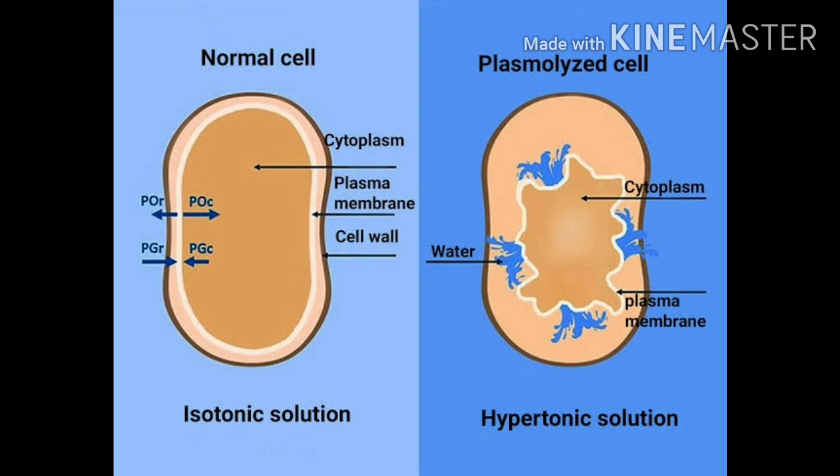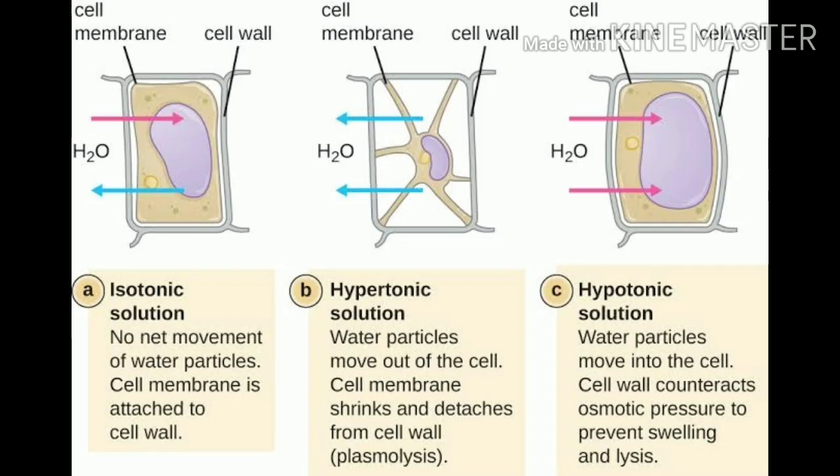This shrinkage of protoplasm from the cell wall due to exosmosis in a hypertonic solution is called plasmolysis. If a plant cell is placed in hypotonic solution, it will absorb water and swell up, but the cell will not burst due to the rigid cell wall.